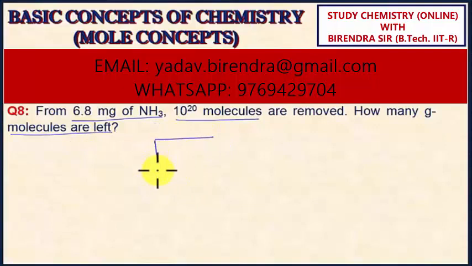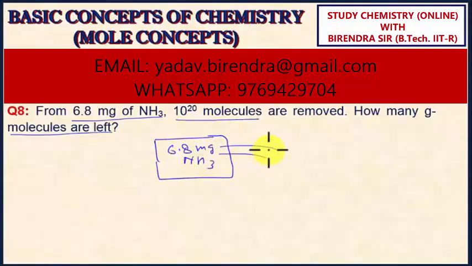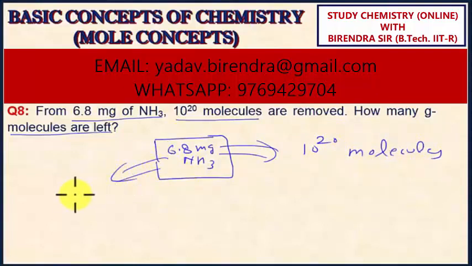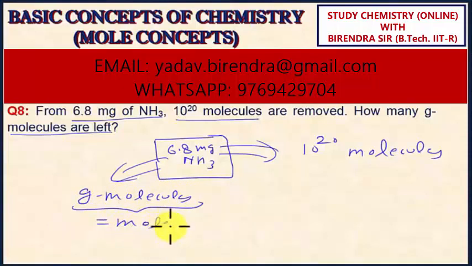So if I consider 6.8 milligram of NH3, from here we have removed 10 raised to 20 molecules. And the question is, how many gram molecules are left? Please note, gram molecules means the question says how many moles are left.